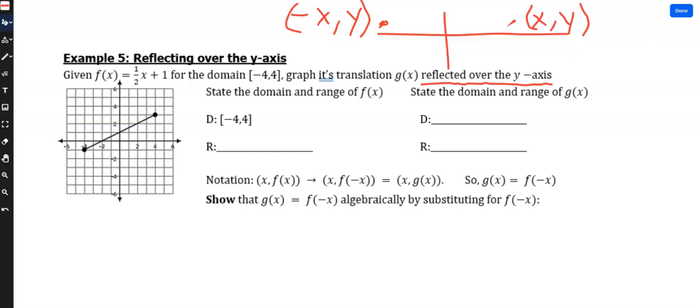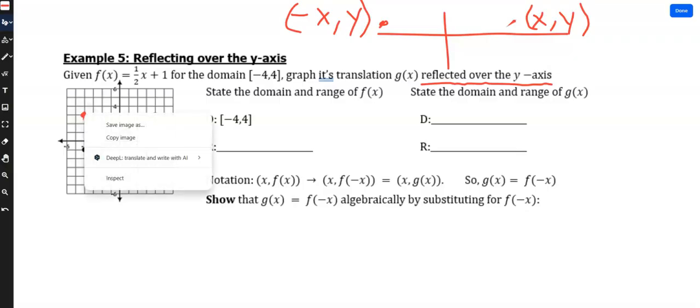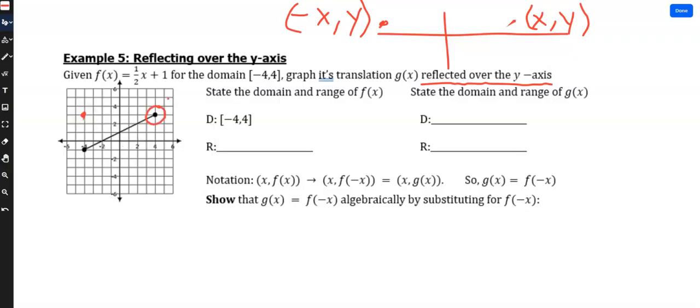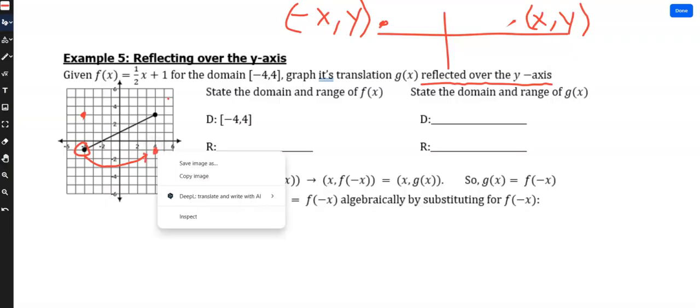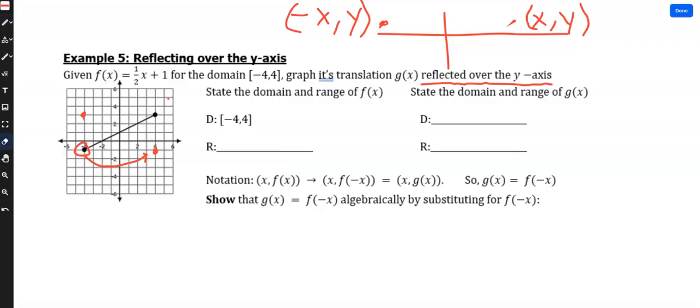So if we have this and we're jumping across the y-axis, this point jumps over there, this point jumps over here. And then we can draw the line. Whoops, didn't draw a very straight line, did I?